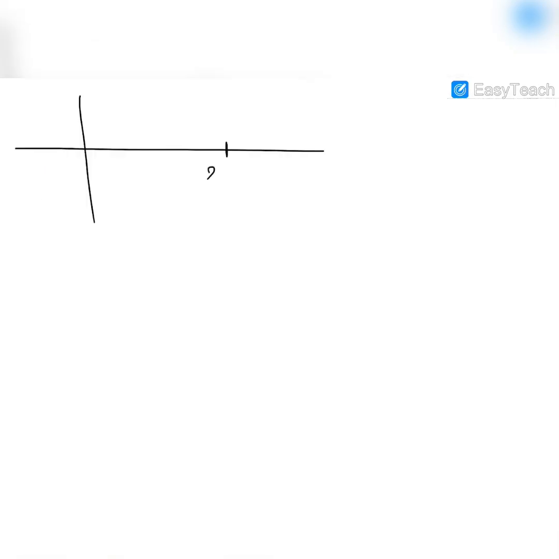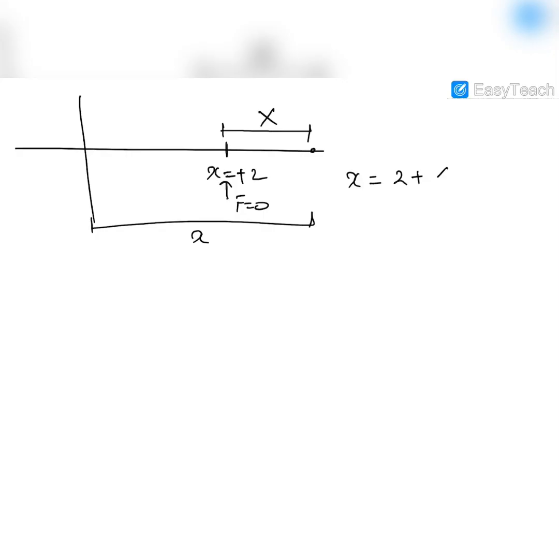So this body will execute SHM about the stable equilibrium position only. So let us suppose that this body is at a distance of x from the origin. In the equation of SHM, we know that x is the displacement from the mean position, and the mean position is this one. So let us suppose that this displacement is capital X. So small x is 2 plus capital X.